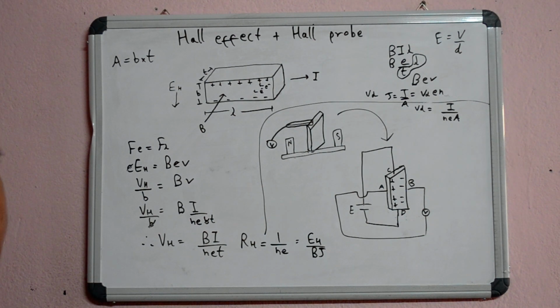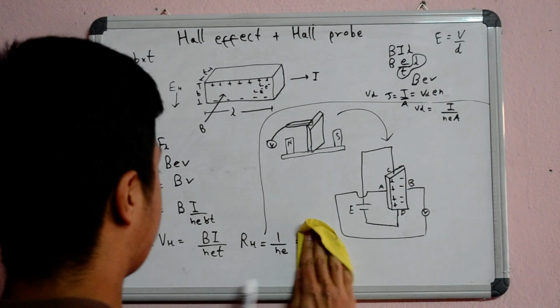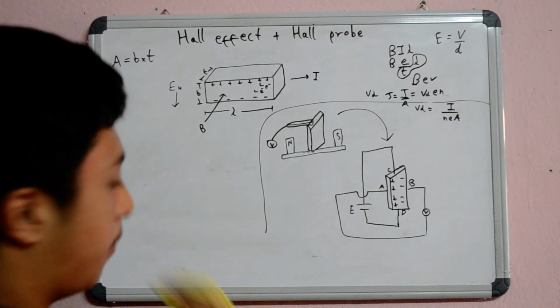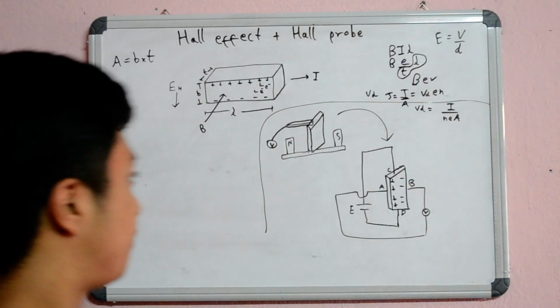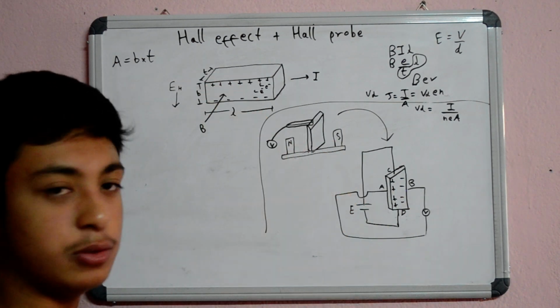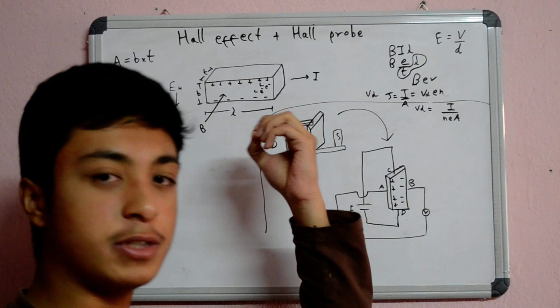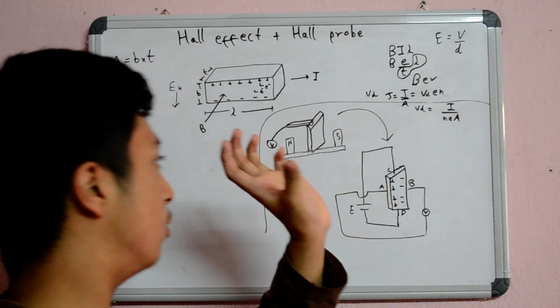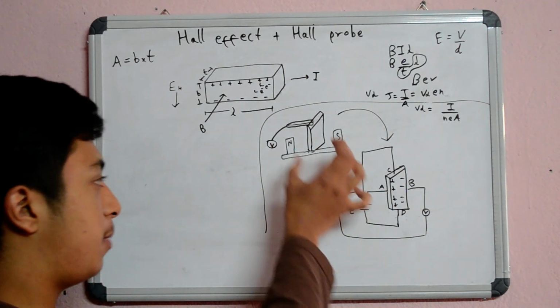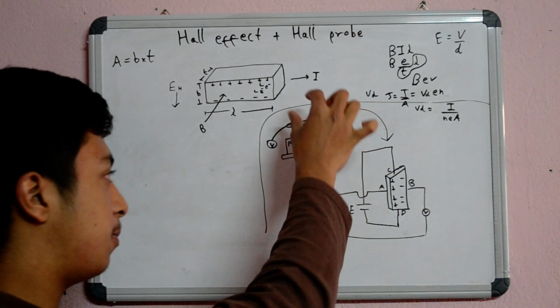Now time for the Hall probe. And in the Hall probe you will have more explanations rather than derivations. Now here, this is known as a Hall element, which is made up of some semiconductor, so it can produce a nice amount of potential difference, and is placed in a magnetic field.